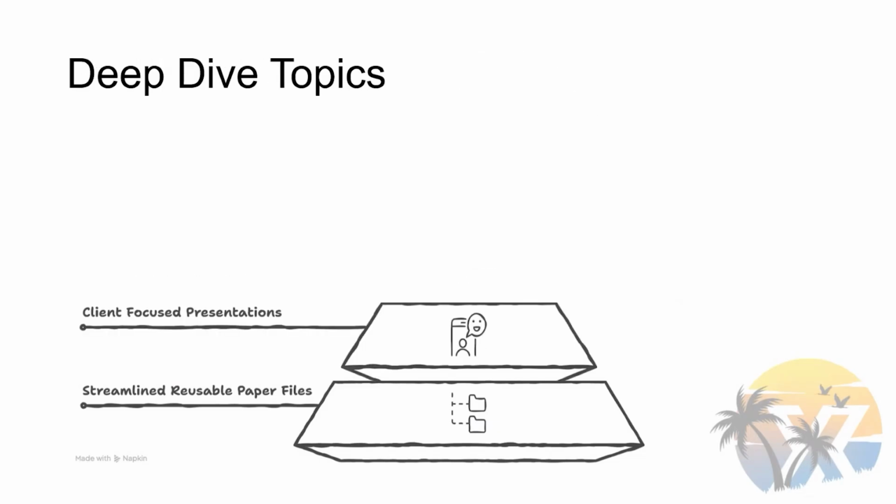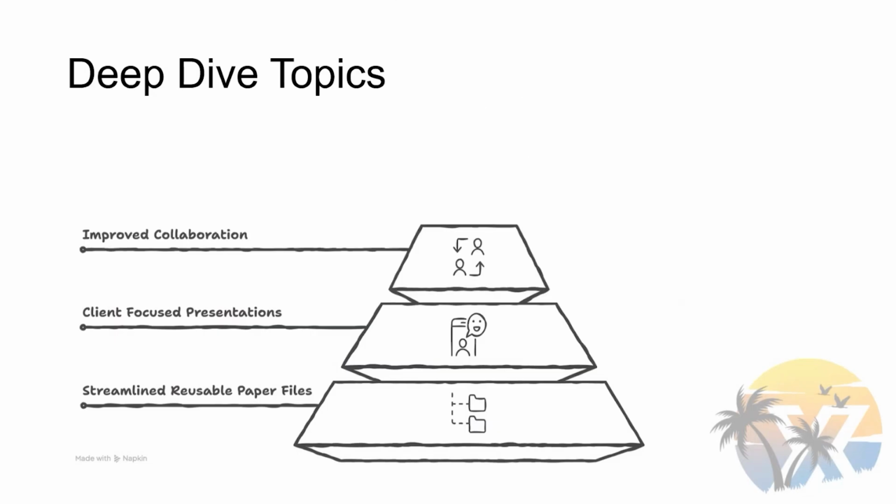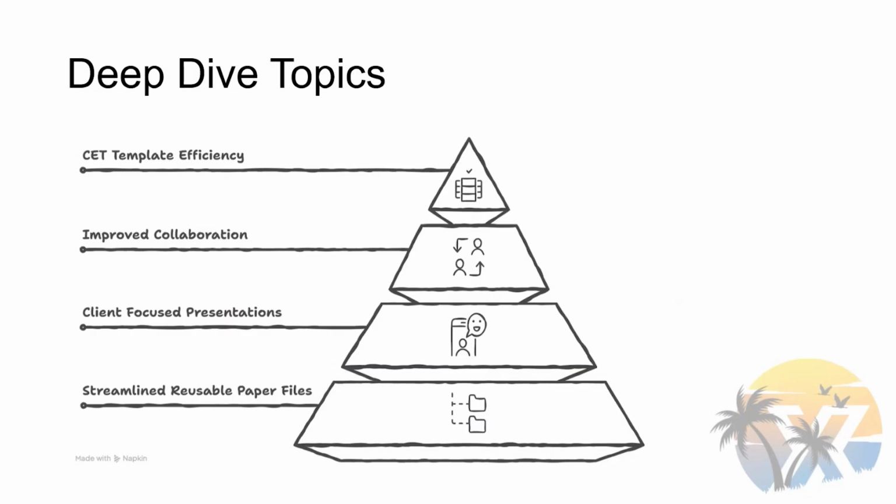Next, we will discuss client-focused presentations and how we can create drawings and presentations for our customers that are legible and easy to understand. Third is improved collaboration. So we want to encourage better teamwork between all teams, but specifically design and sales. And lastly, we'll top it all off with how to create an efficient CET template by integrating a strategic set of reusable paper files.